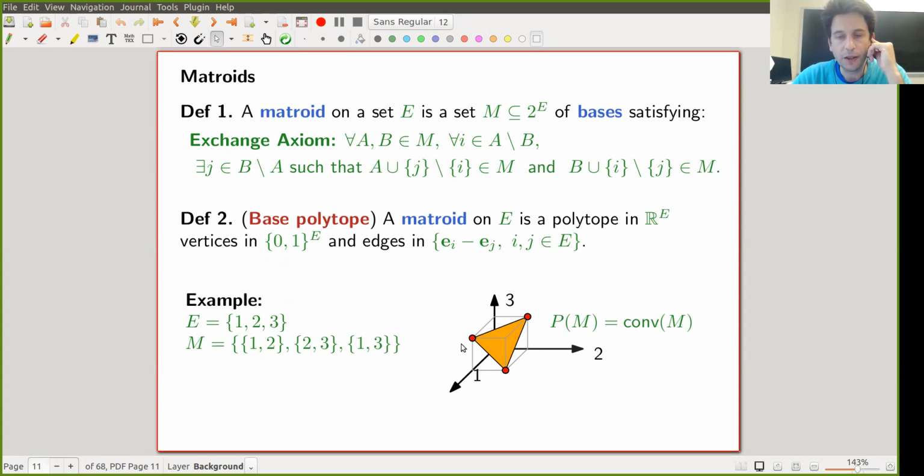I'm going to take the points on the vertices of the cube that encode these bases. So I will have the point (1,1,0), the point (1,0,1), the point (0,1,1), and I'm taking the convex hull of that. I'm going to get a polytope, and this polytope, the basis polytope of my matroid, has the property that all the edges are along these directions. And that's actually a characterization.